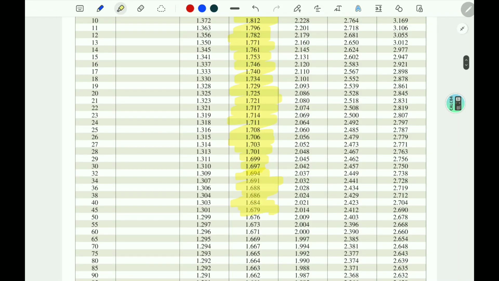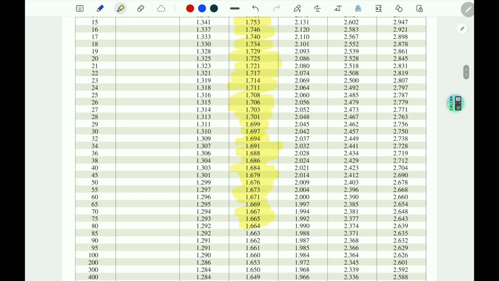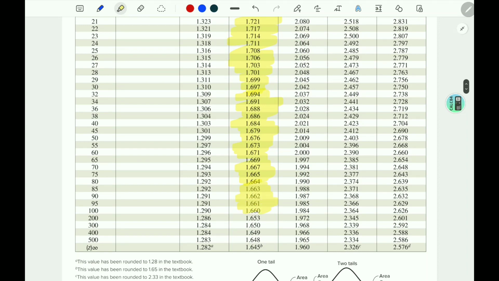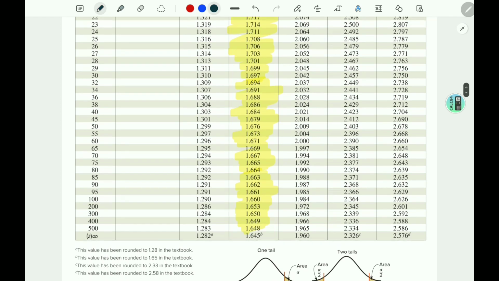Because we do not know the degrees of freedom in this case, or the sample size, we have to use the smallest value possible. And the smallest value that we're going to use is 1.645. If we had the sample size, it would have been easy to find the degrees of freedom, then the critical value.